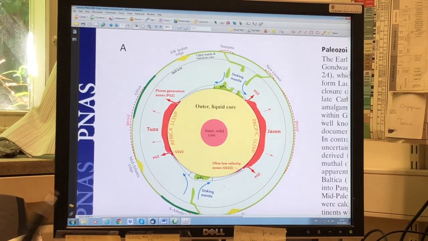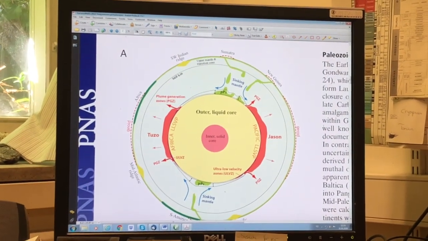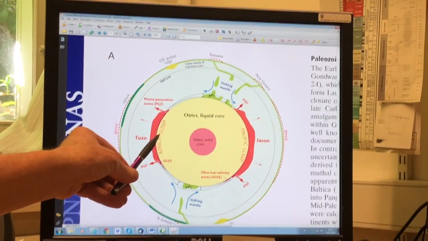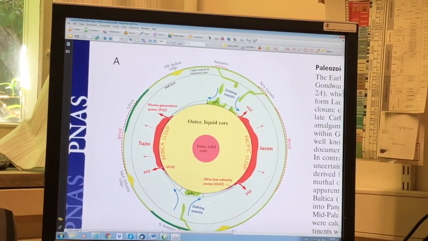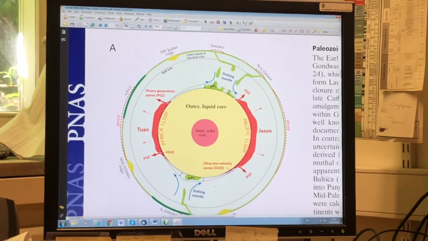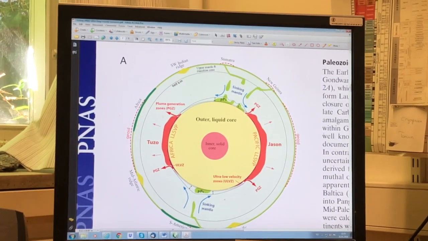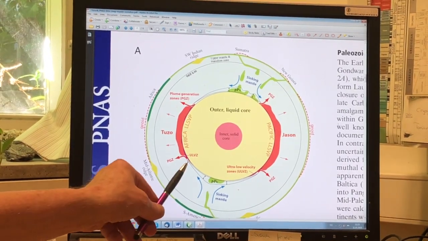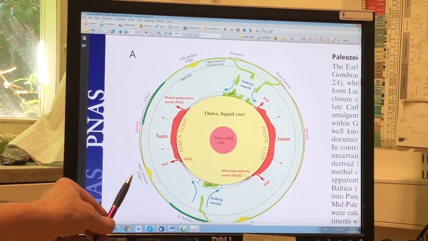The speed of the wave depends on the density of the material, so it's a bit of a different composition than the rest of the mantle down there. So they pick up these masses. This is where the plumes start up.